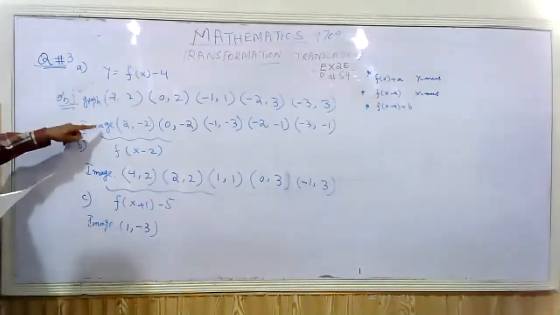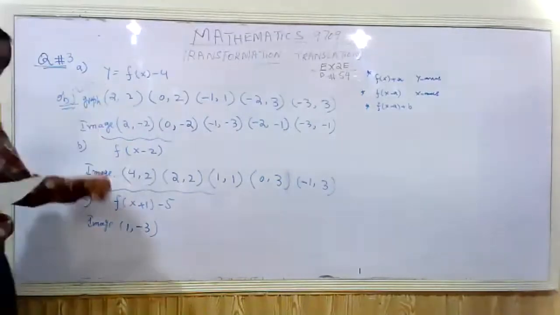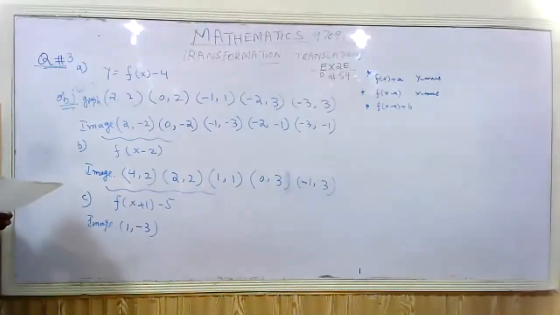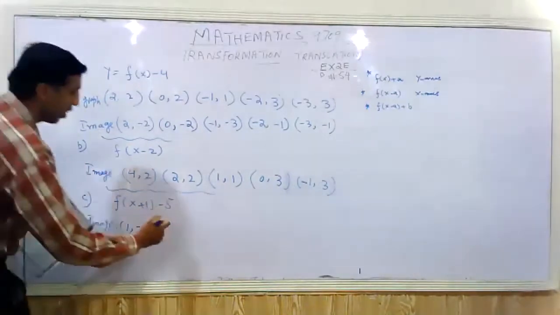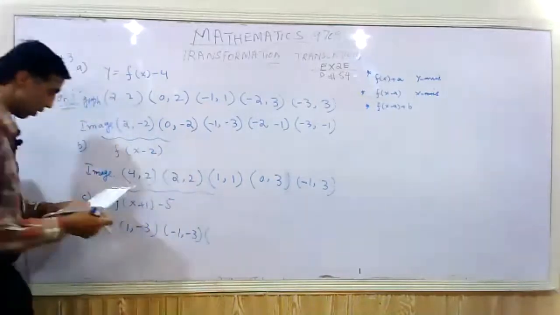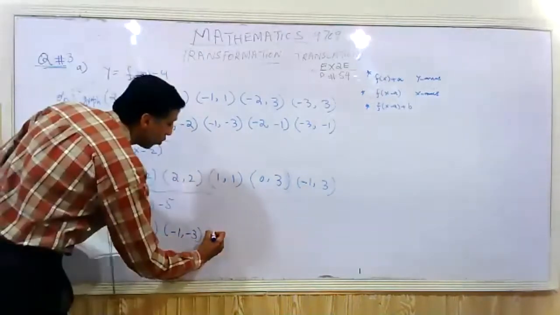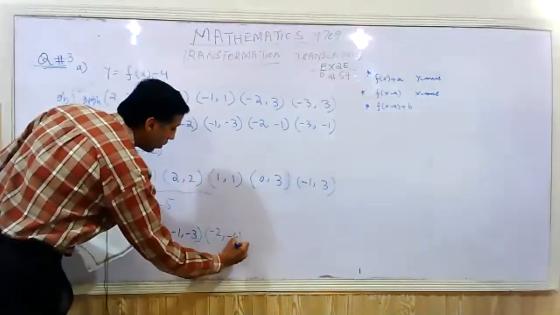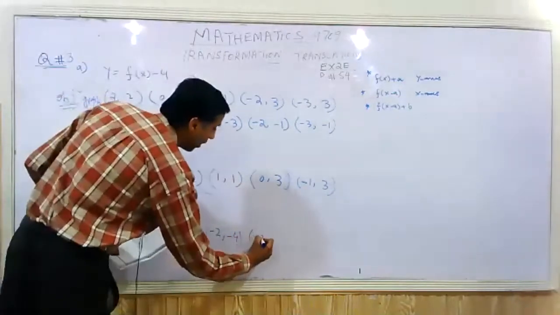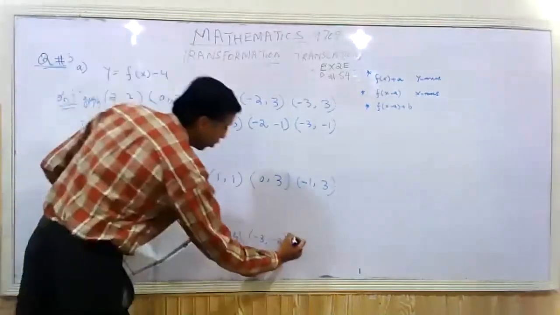We have to get the image regarding these A, B and C different equations. (1, -3), (-1, -3), (-2, -4), (-3, -2), (-4, -2).